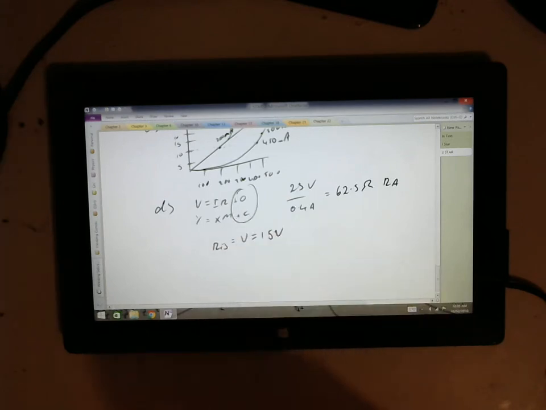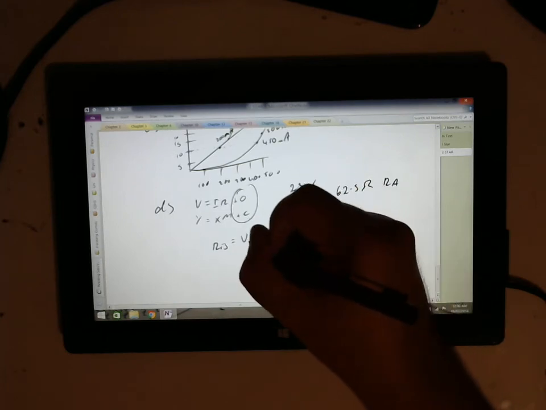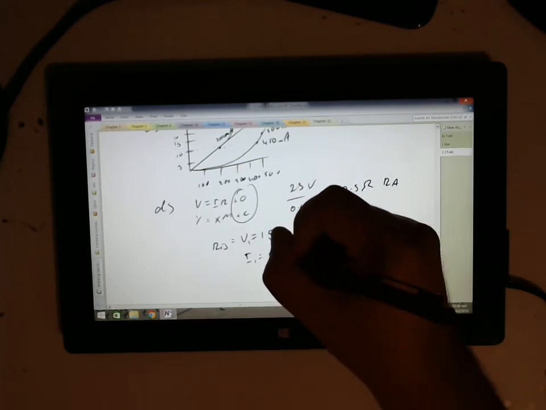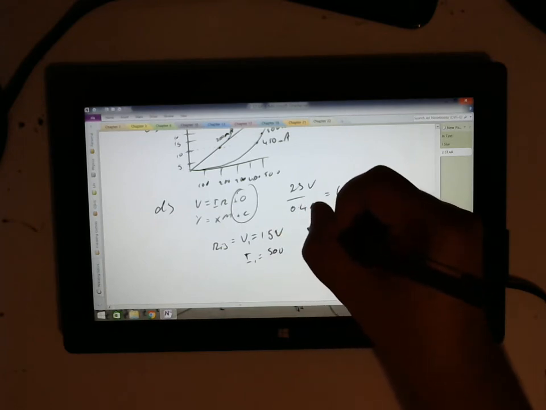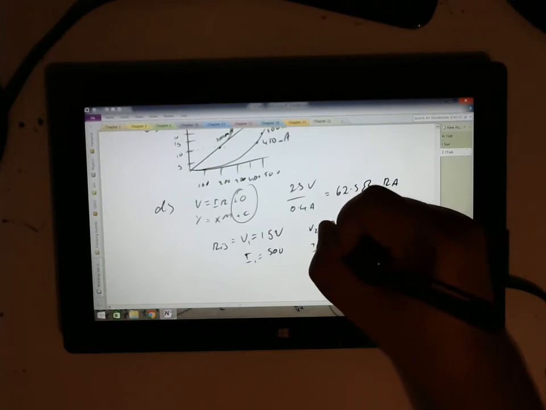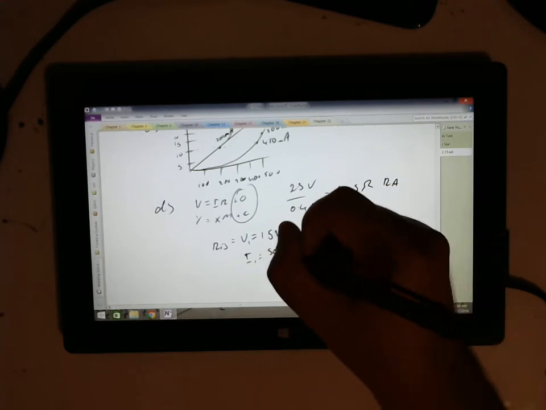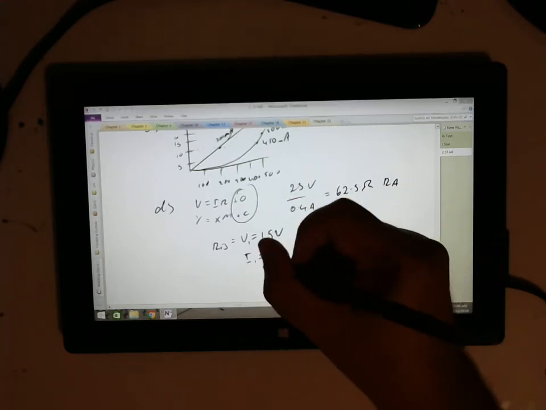I hate doing tangents on these things. If I look at this, it looks to be reasonably straight up towards B. So let's do it from that point up to B. So we have voltage 1 is 15, current 1 equals 0.5, voltage 2 equals 25, current 2 equals 0.6.